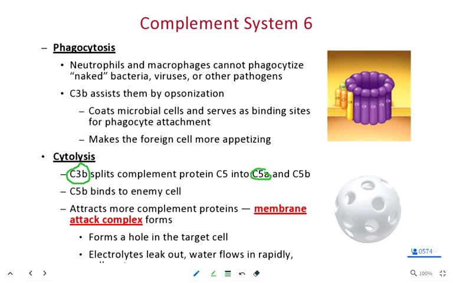Pores, holes that spontaneously self-assemble on the bacterial cell, are called a membrane attack complex, or MAC for the abbreviation. And as this bacterial cell has more and more membrane attack complexes forming on its surface, it has more and more holes punched in its cell membrane and cell wall, and it loses the ability to maintain homeostasis and kicks the bucket.